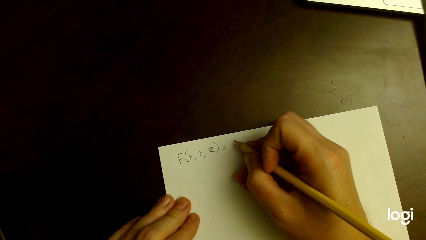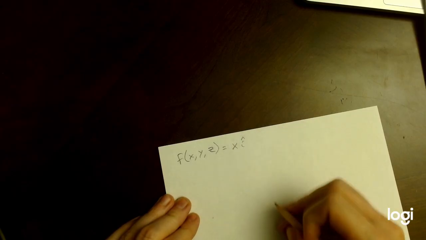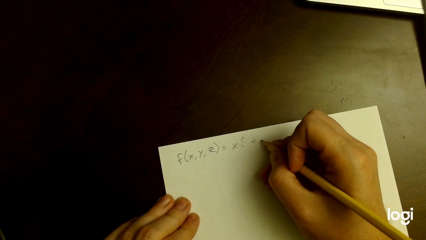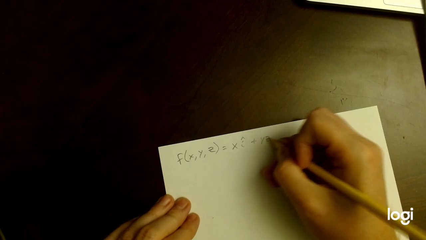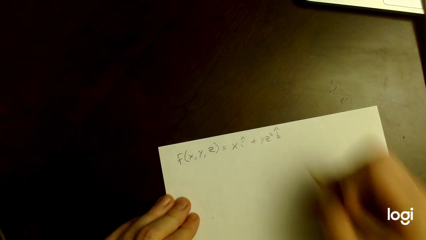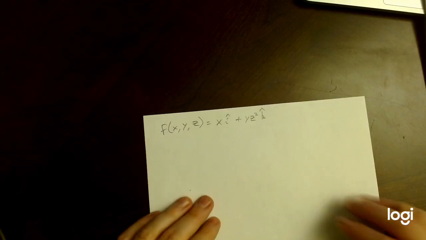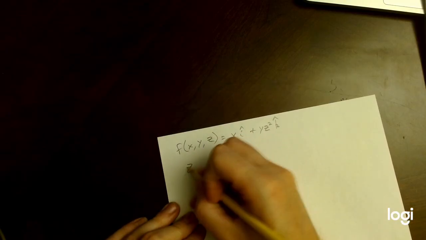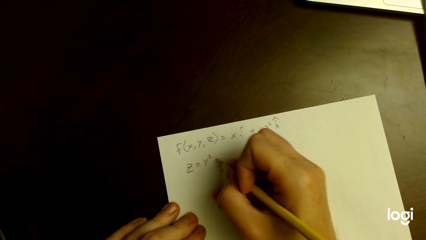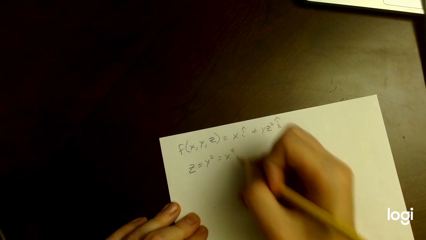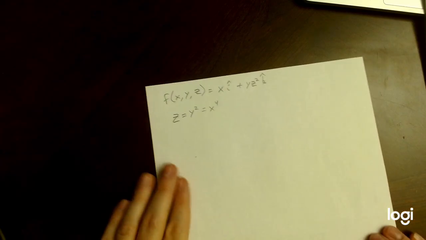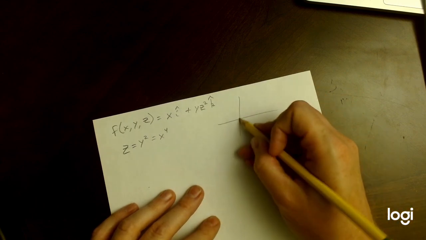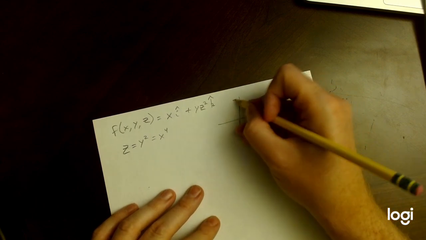So I'm going to define this as x i hat plus y z squared k hat. And let's say we have a curve defined by z equals y squared equals x to the fourth. And you could think about what that looks like in a couple different two-dimensional projections.